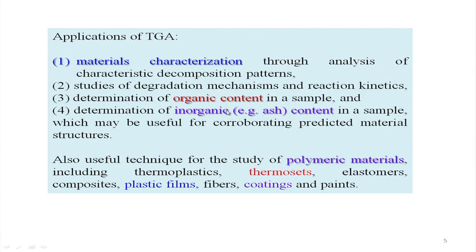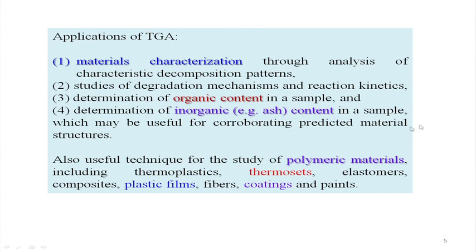And if a certain compound has some organic volatile material trapped inside, so the organic content or the organic matter present in some mud or in any other solid material. So, volatile organic matter or volatile organic compound, we call it VOC. So, volatile organic compound can be estimated or calculated by doing this sort of thermogravimetric analysis.